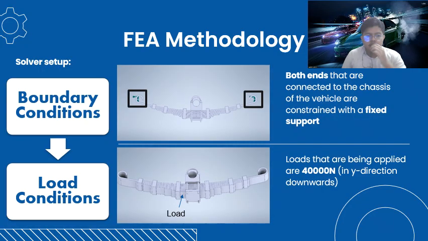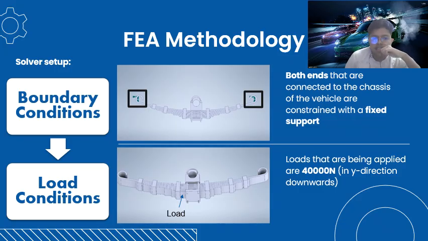Next step for FEA methodology is setting up boundary conditions. Accurate boundary conditions are critical to simulating real-world constraints. In this analysis, both ends of the leaf spring, representing connections to the vehicle chassis, were fixed.